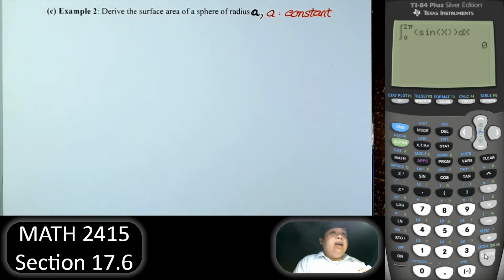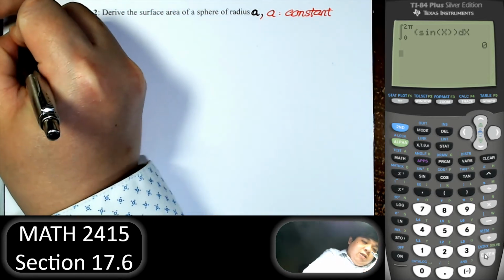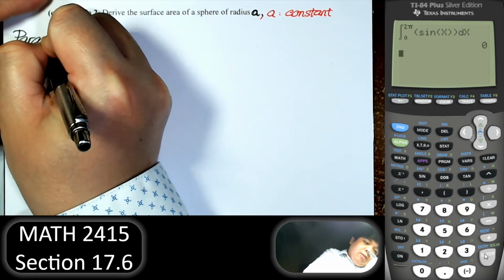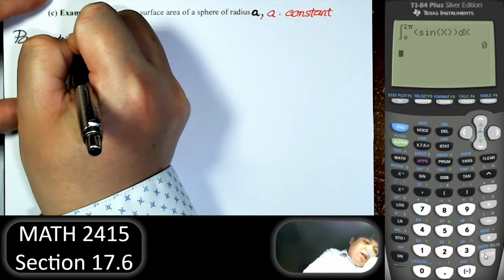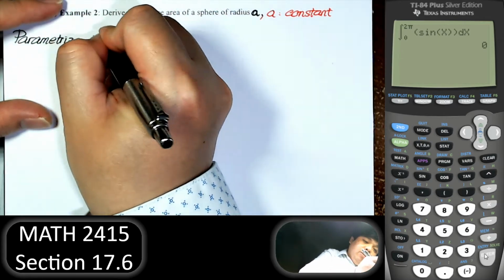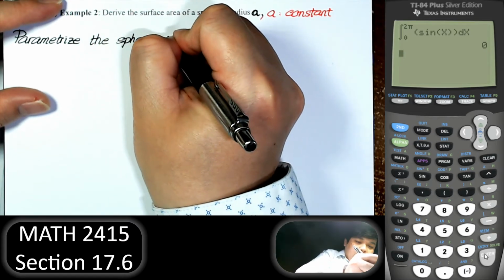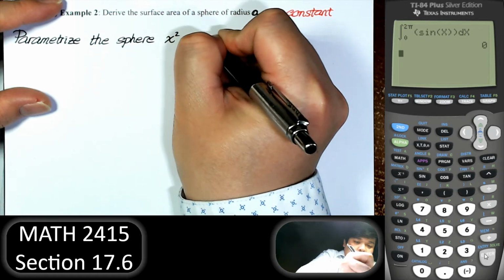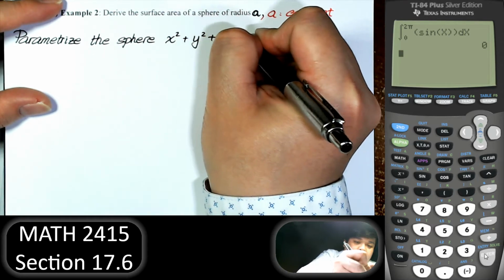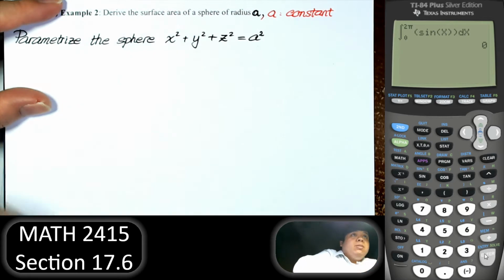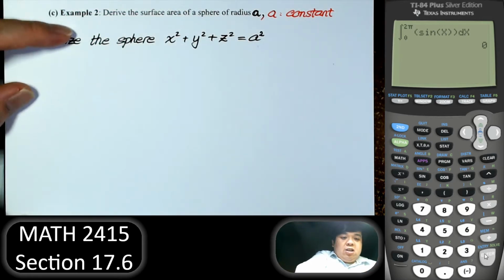So first, again, parameterize the surface area, and then write the function, and then the normal vector. So this is a surface integral. So the first step is parameterize. In this case, we parameterize the sphere of radius a, which is that.